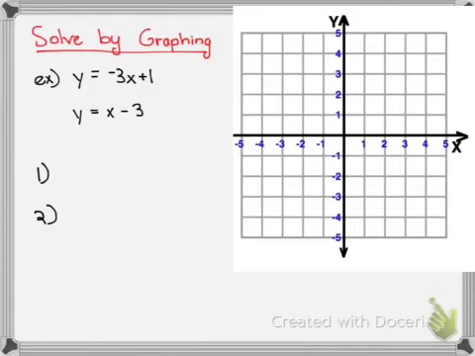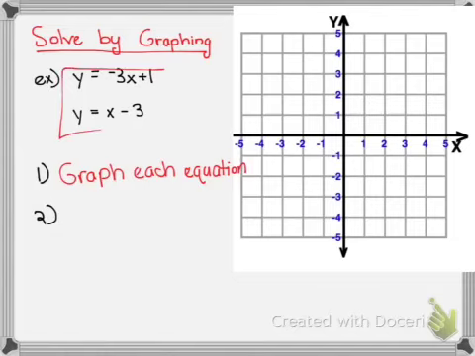To do this, we have to first graph each line, or graph each equation. If you look at these, you notice that they are both linear functions, meaning we don't have any squared terms, so they are just straight lines.